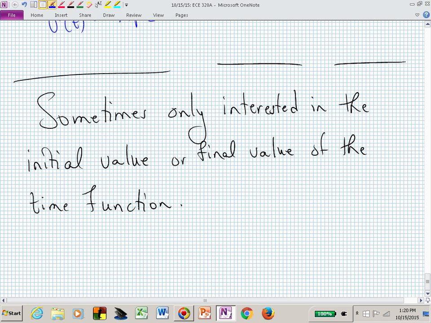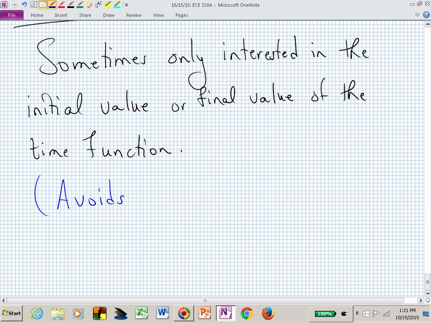These theorems are designed to save you work. Just like your calculator can save you work, these theorems do also. They allow us to avoid performing the detailed inverse Laplace transform. We don't have to find little f of t if we don't have to. But on the exam, you'll need to in some cases.